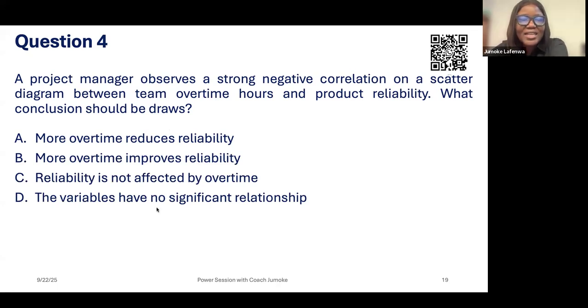So what is the answer? Remember, I showed you the scatter diagram, and I spoke about positive correlation, negative correlation, and no correlation. Let's see how many people will get it right.